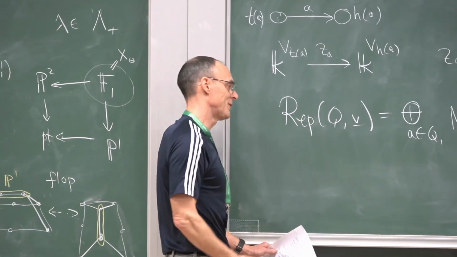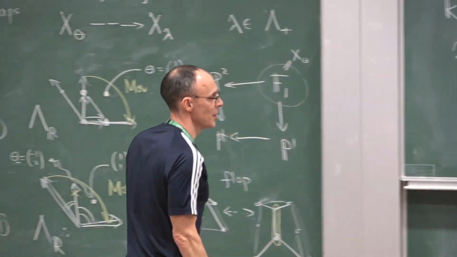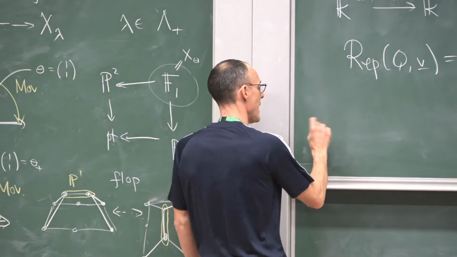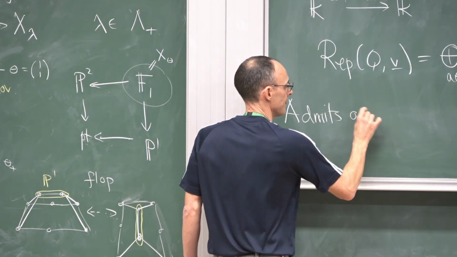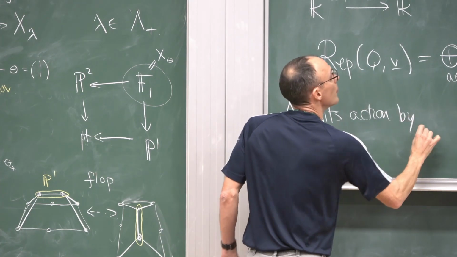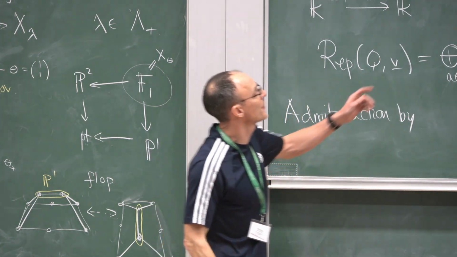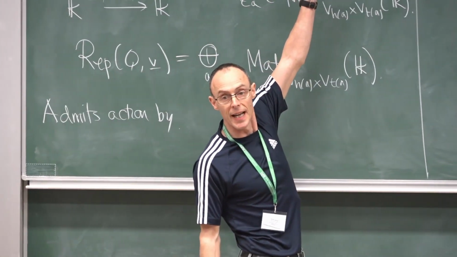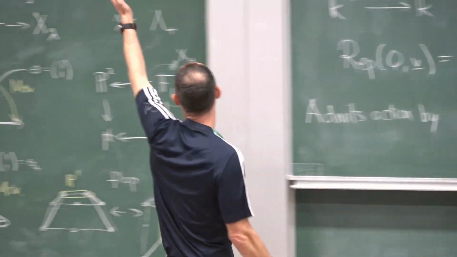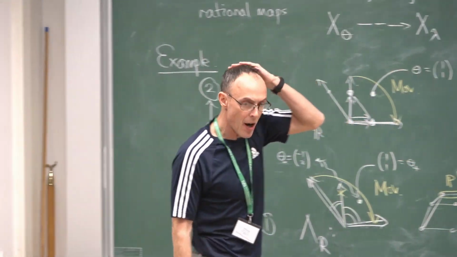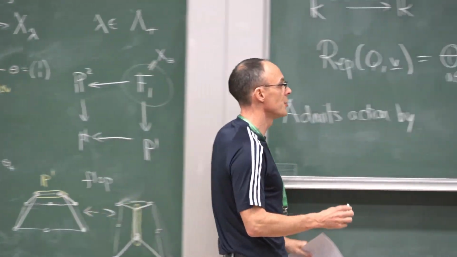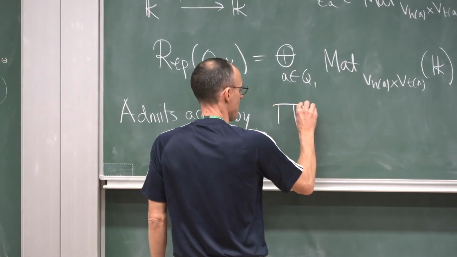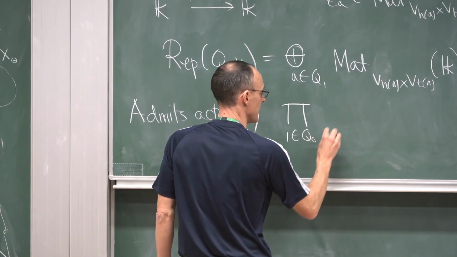Now, this looks very like A^{Q_1} except it's of higher dimension, but the big difference comes now. This admits an action. So now I've got vector spaces of dimension v_i on each vertex. So rather than having our torus that was a product of copies of K star, that is GL1s, I now let GL(v_i) act at each of those vertices.